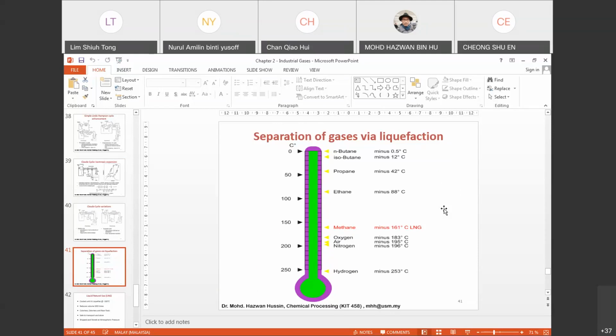So this will be a useful tool or indication of how you can separate the material. Imagine that you have natural gas, which is a combination of a lot of gases. If you know specifically where each gas evaporates or boils, then of course you can use it as a guideline for the separation.